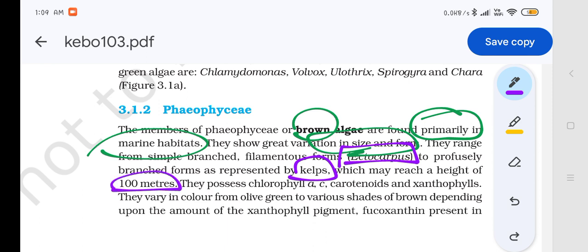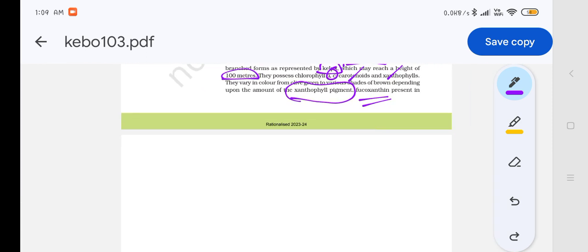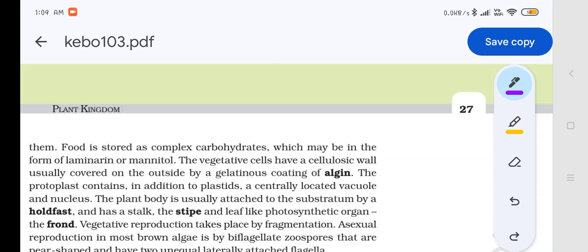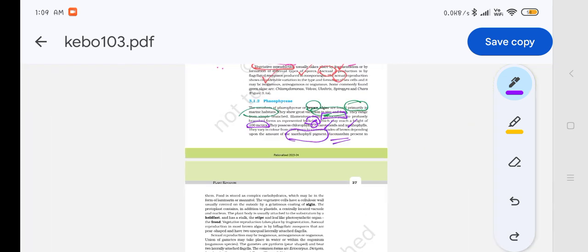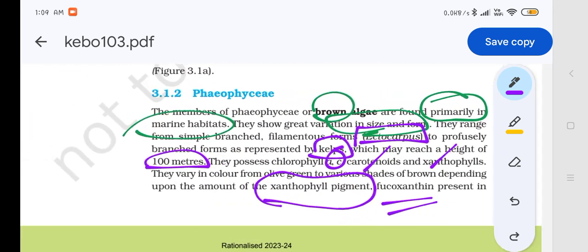They possess chlorophyll a and chlorophyll c, carotenoids and xanthophylls. Color varies from olive green to various shades of brown, depending on the amount of the xanthophyll pigment fucoxanthin present. Brown algae are primarily in the marine habitat.